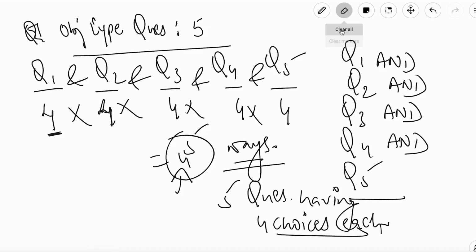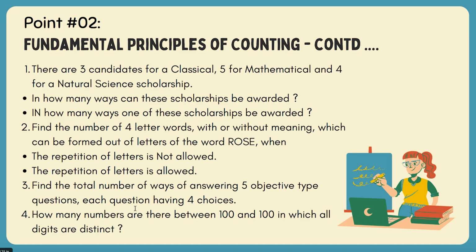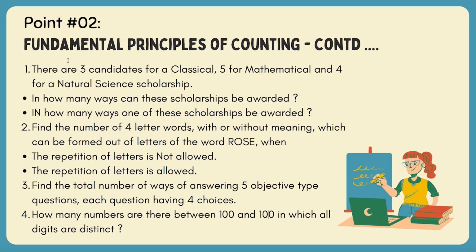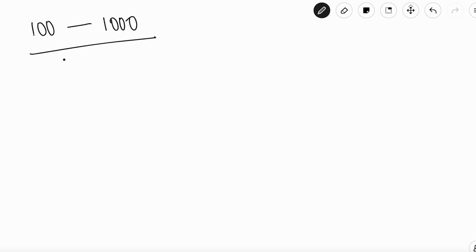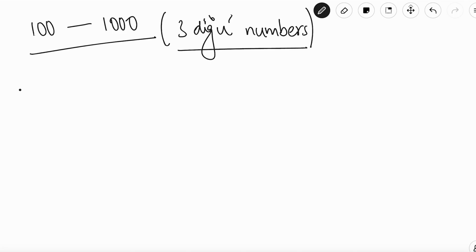Let's take one more question. How many numbers are there between 100 and 1000 in which all digits are distinct? So clearly we are talking about three-digit numbers here, position 1, 2 and 3.